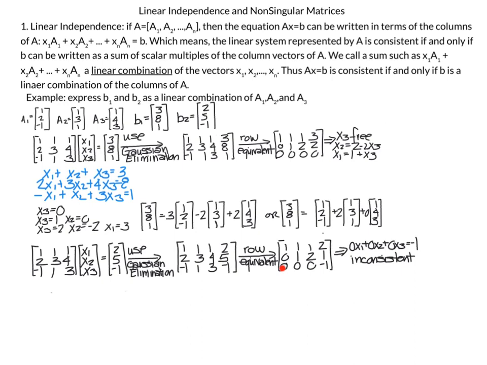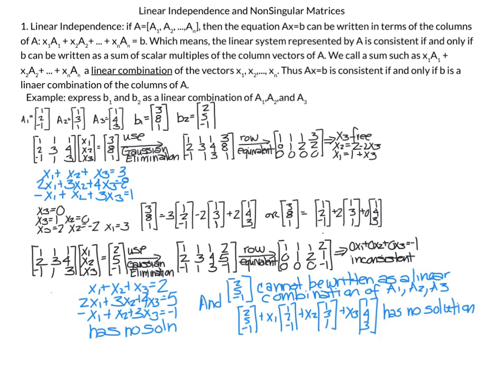But now what you can see, this last row, this is times x1, x2, x3. So 0x1 plus 0x2 plus 0x3 is equal to negative 1. And there's no possible way that any x1, x2, and x3 can solve this equation. So this is an example where the system is inconsistent. There's no solution. So that means two things.